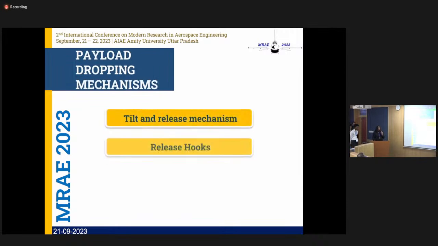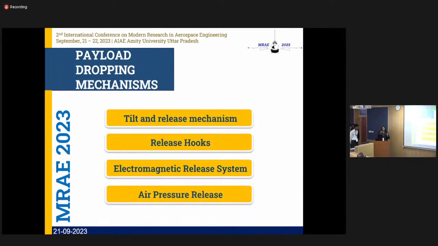So while choosing the specific payload dropping mechanism, we had different options. A few of them are listed here. The first one is the tilt and release mechanism. Basically, you tilt the quadcopter to release the payload. Then we have release hook mechanisms. Then we have electromagnetic release systems, where magnets are placed there, and you demagnetize them to release the payload. Then we have air pressure release mechanisms as well.